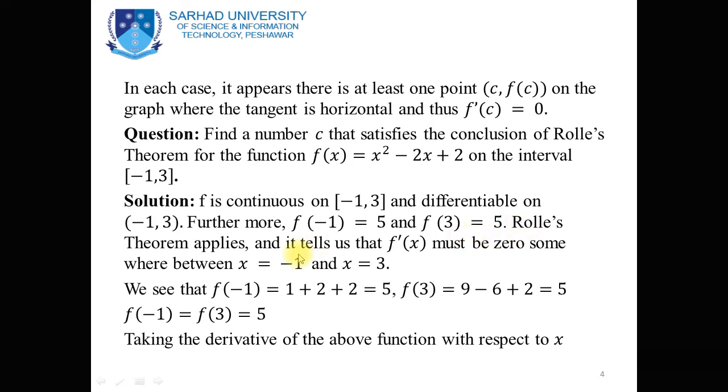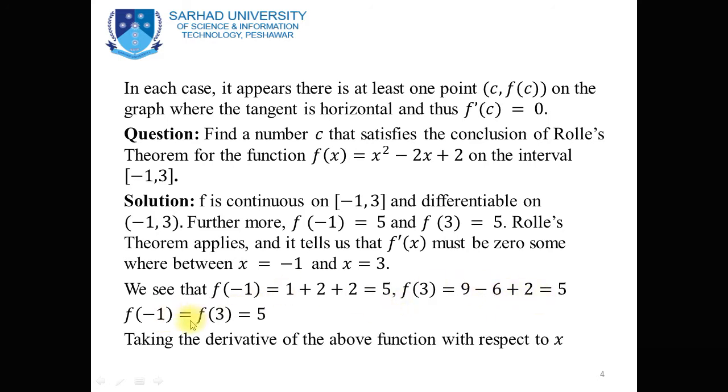So Rolle's theorem applies, and it tells us that the derivative of the function must be 0 at some point between x = −1 and x = 3. Now if we put x = −1 in the function, we obtain 5, and if we put x = 3 in the function, we obtain 9 − 6 + 2, which is equal to 5.